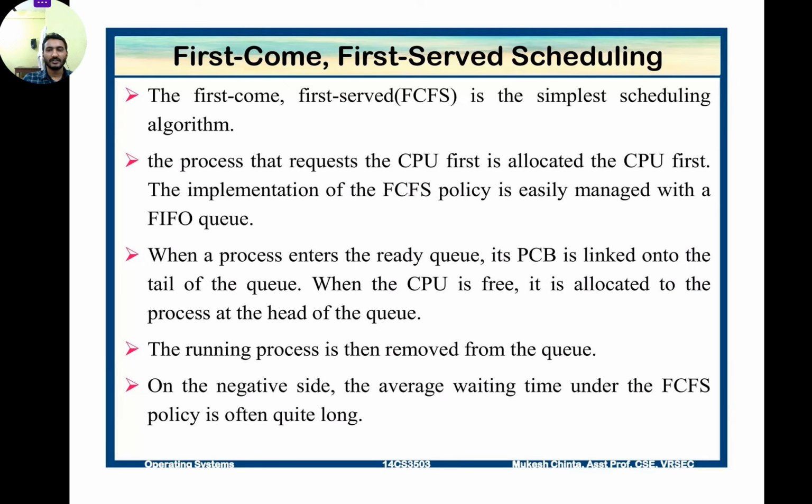When the CPU is free, it is allocated to the process at the head of the queue, the process present at the first point in the queue. The running process is then removed from the queue.